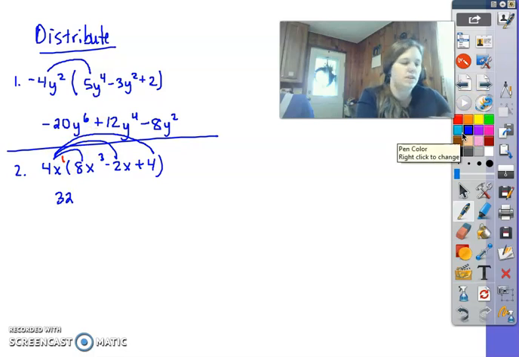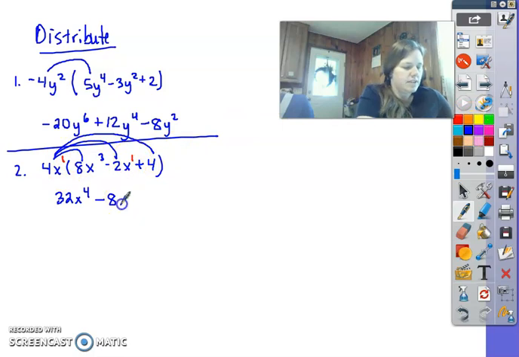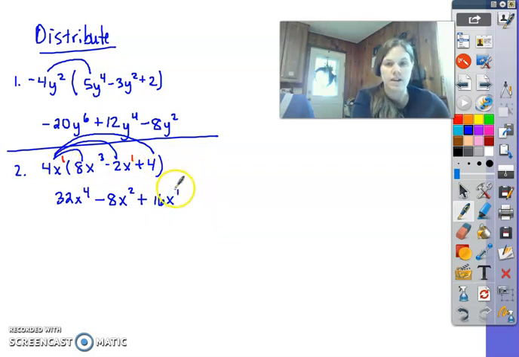Absolutely, so do so. X to the first, x to the third gives me x to the fourth. 4 times negative 2 gives me that negative 8. X to the first, oh, there's another x that doesn't have a number on it, so we'll drop a 1 there as well. X to the first times x to the first gives you x to the second. Plus 4x to the first times 4 leaves me with simply 16x. The x to the first, you can write the 1, but you do not have to. I leave that up to you. They're both considered correct.